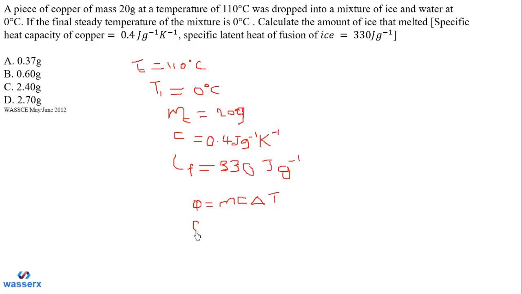So the amount of heat loss by copper is equal to 20 times 0.4 times 110, and this will be equal to 880 joules.